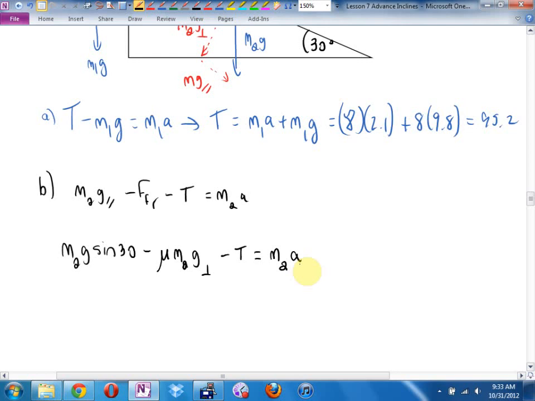I don't care about the A right now yet. I'm probably going to end up getting all the M2s to the same side, but let's get rid of this perpendicular. This is going to be M2G sine 30 minus mu M2G cos 30 minus tension equals M2A.